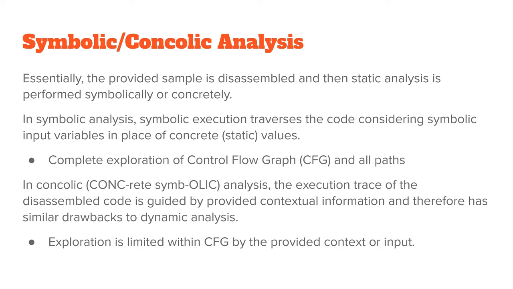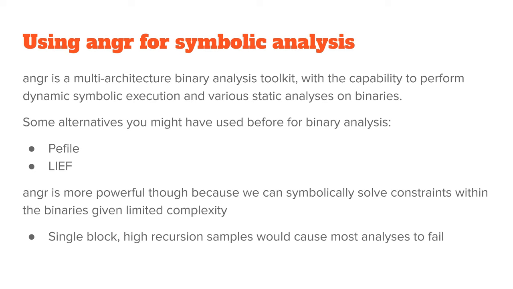In concolic or concrete symbolic analysis, the execution trace of the disassembled code is guided by provided contextual information and therefore has similar drawbacks to dynamic analysis, meaning the exploration is limited within the CFG by the provided context or input.